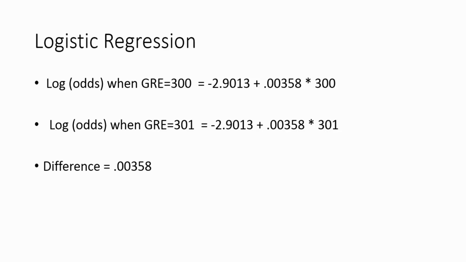So we could see that when there is a unit change in the independent variable, the corresponding change in the log odds is nothing but the estimate of that particular independent variable. All right.